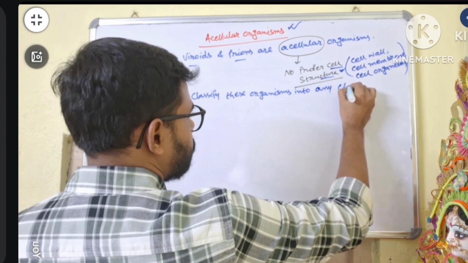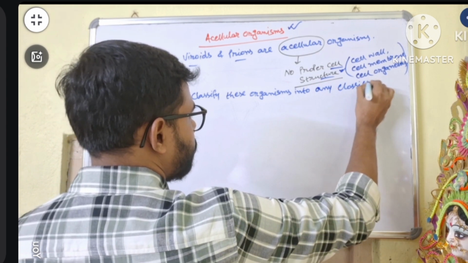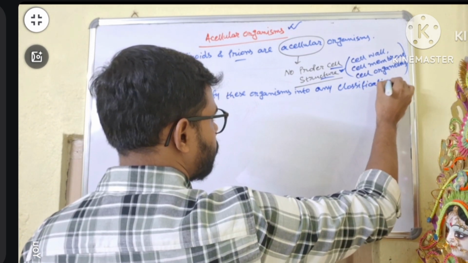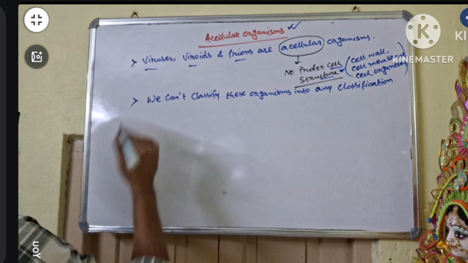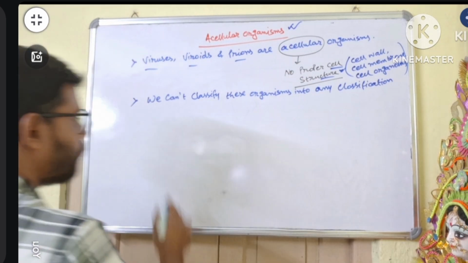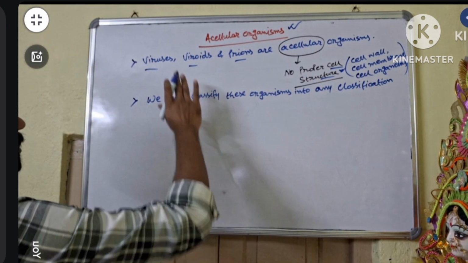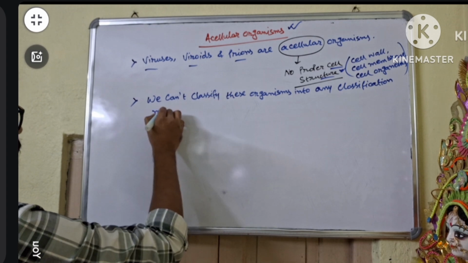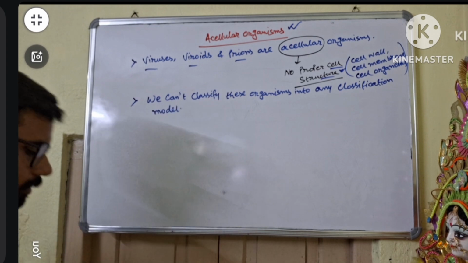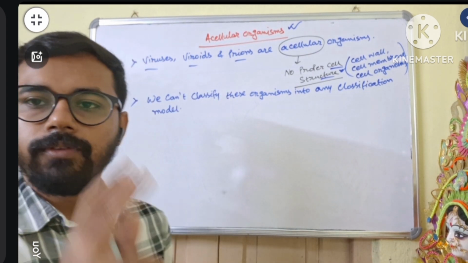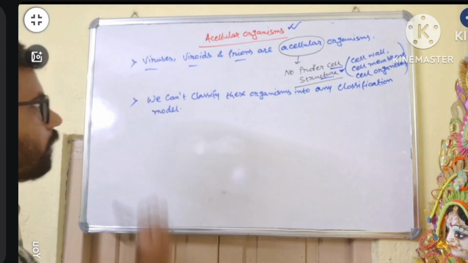Any classification that we previously discussed, that is three kingdom, four kingdom, five kingdom, well accepted five kingdom, and after that it was modified into the domain model. So no classification system can classify viroids and prions. Clear? Now let's discuss more about the virus, specifically the group virus.